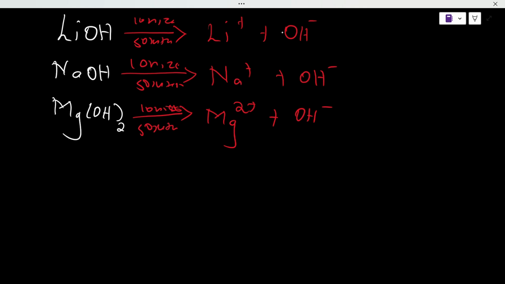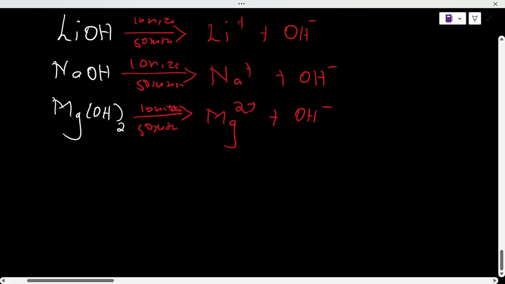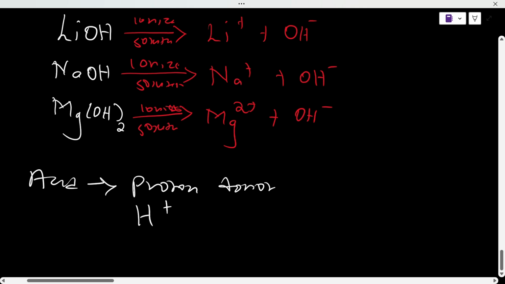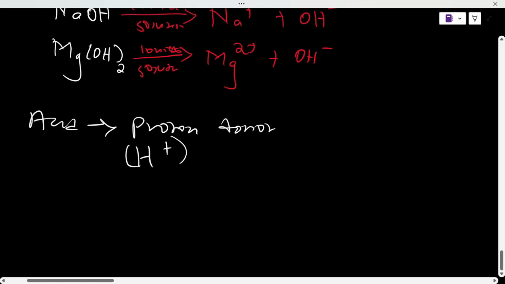Bronsted and Lowry first told us that an acid is a proton donor, and a proton is a hydrogen. Now, they went ahead and defined a base as a proton acceptor.